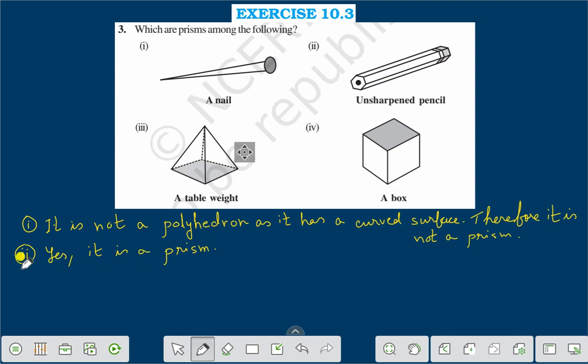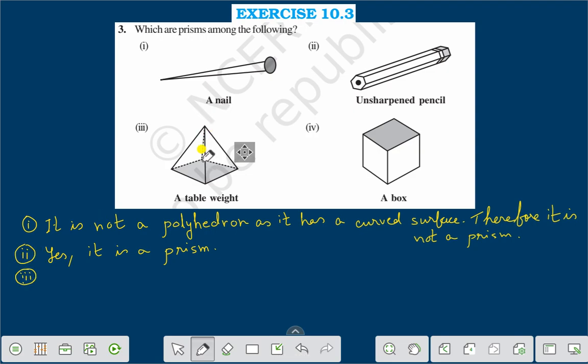Question number 3: a table weight. Here you see there is a vertex.